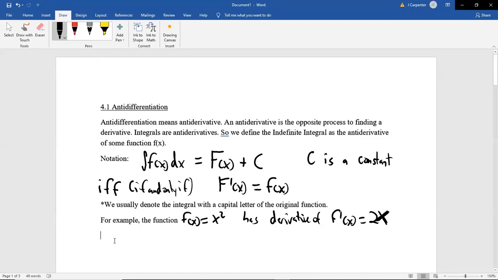This says that the antiderivative, the integral, of the function 2x is f of x equals x squared and then plus c.